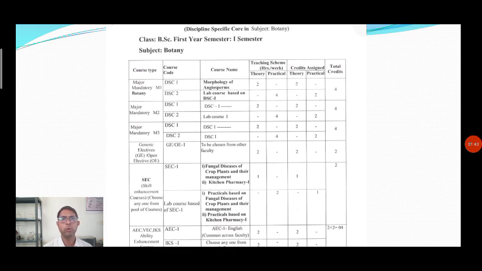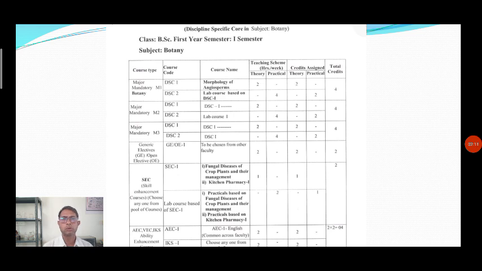Now this morphology of angiosperm, that is the DSC 1 paper, has one practical, that is a lab course, and this lab course has 4 lectures per week and 2 credits. So in all, we can say 4 credits are given to this morphology of angiosperm paper, theory and practical.